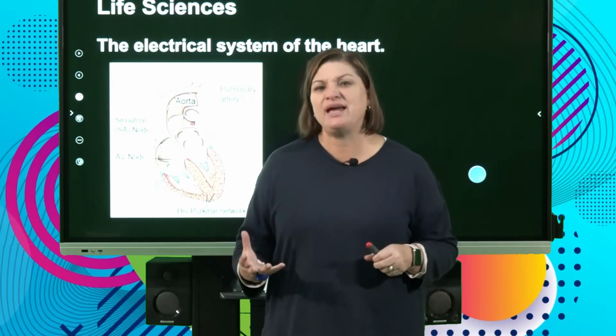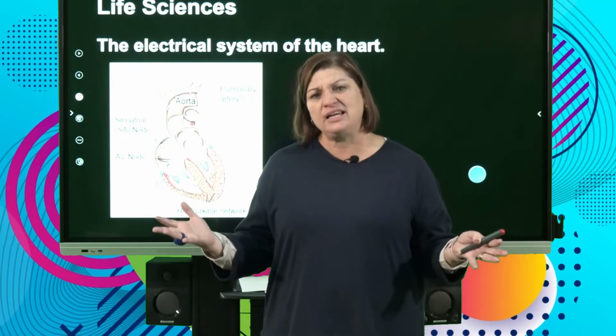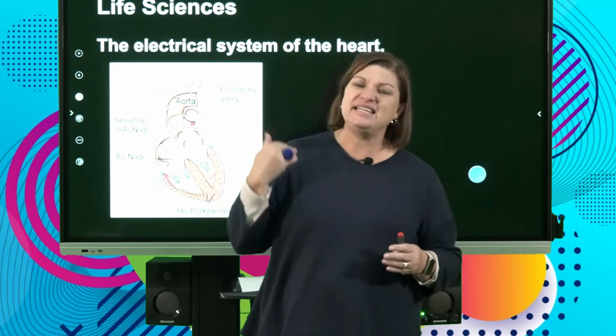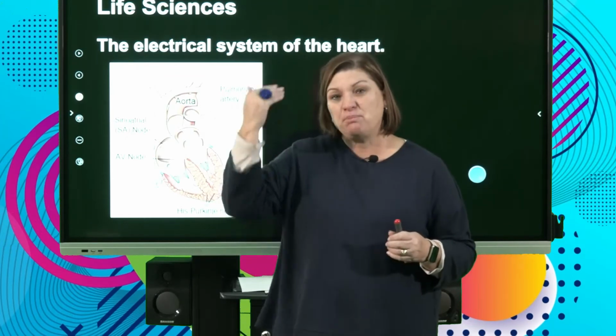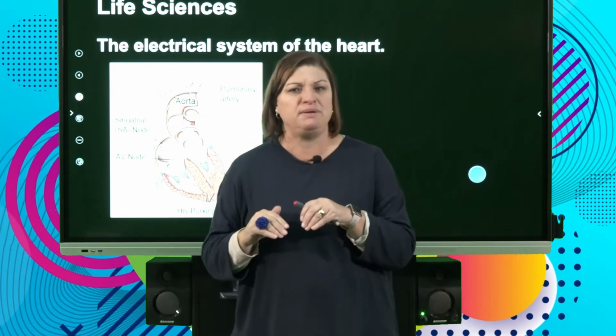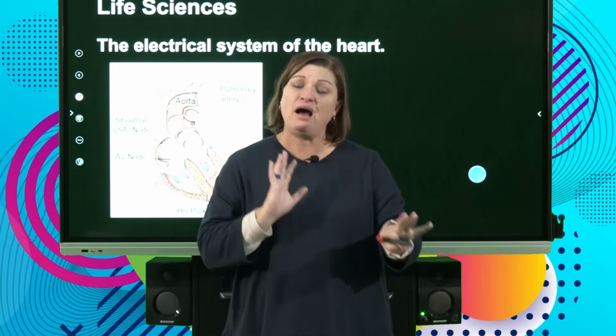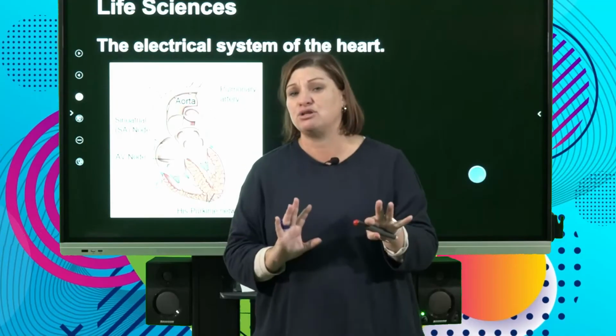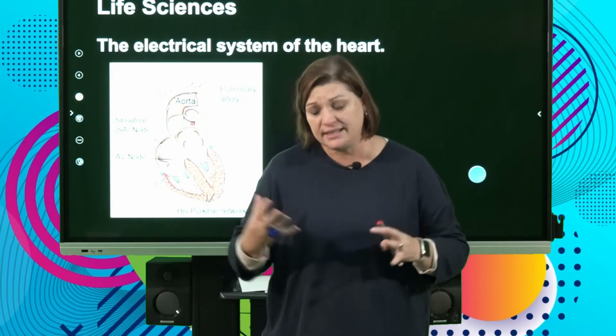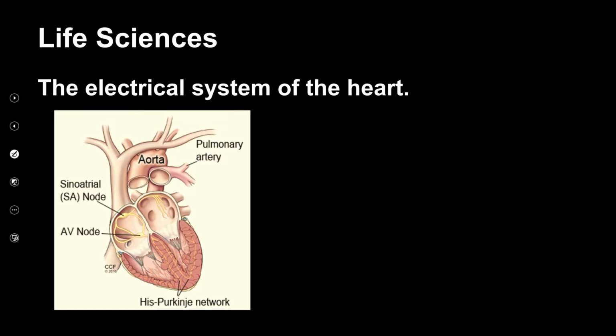I won't say the heart doesn't need the brain to beat, but the brain doesn't tell the heart to beat, in a way. The brain is going to come in a little bit later and control how fast or how slow your heart goes. So basically what we have is these little bundles of nerves, and this top one over here we actually call the pacemaker.